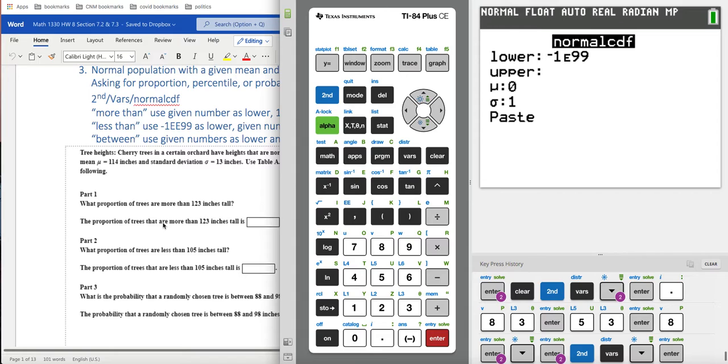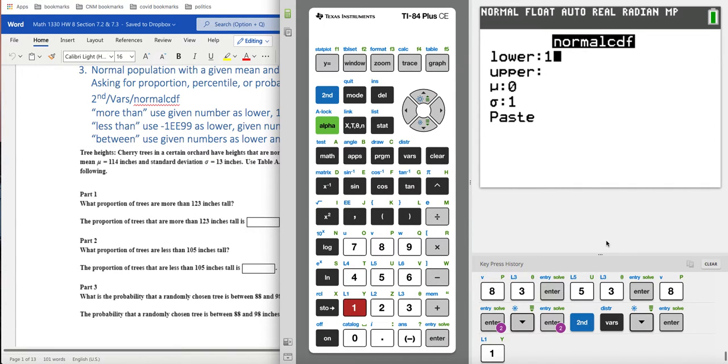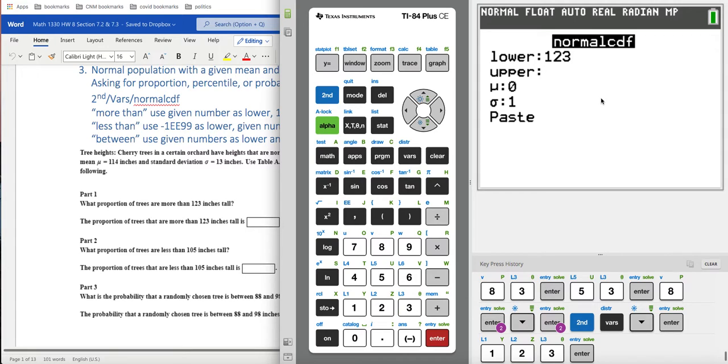And if it says more than, that's like area to the right. So then our lower bound is 123. We want trees more than 123, so we want 123 all the way up to infinity.